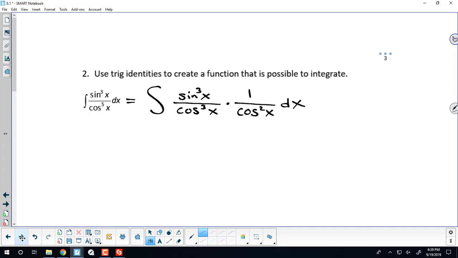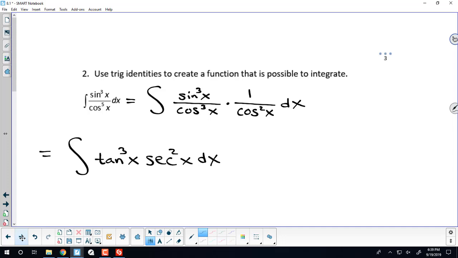Initially it doesn't look helpful, but let's rewrite sine cubed over cosine cubed as tangent cubed. And 1 over cosine squared is secant squared. Okay, so is that helpful?